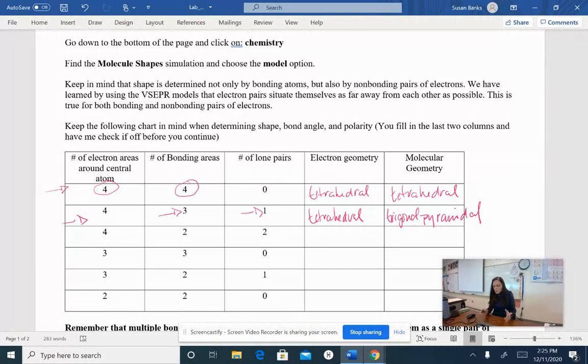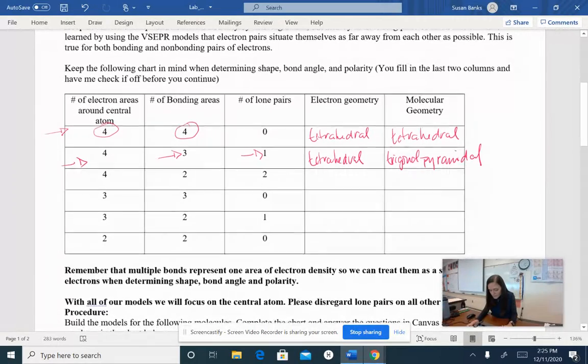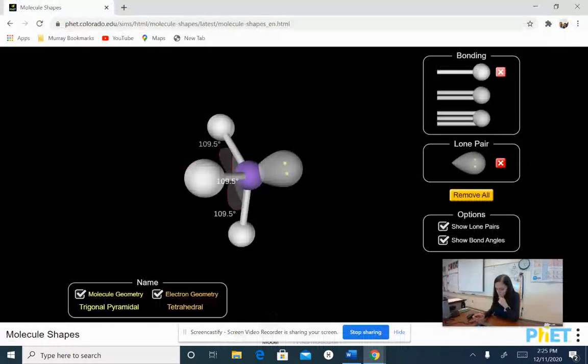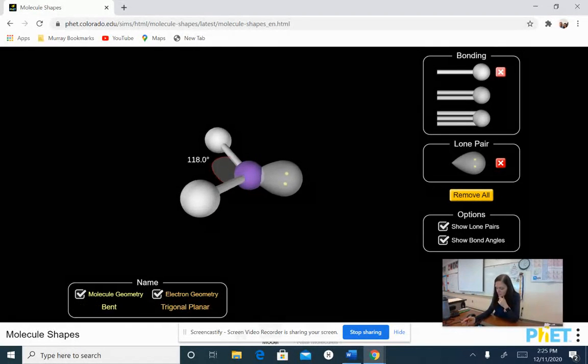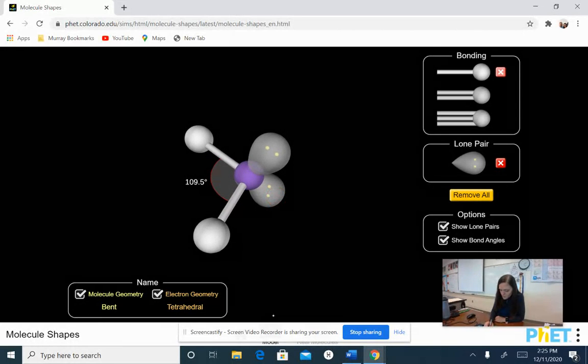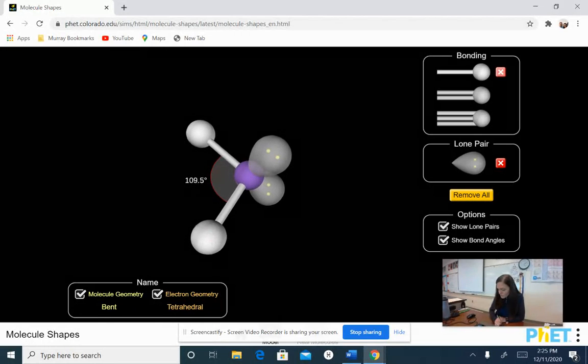Okay, so I want you to do the rest of these where you're looking at the number of electron areas, bonding areas, and non-bonding areas. Let's do the next one really quick. So number of bonding areas is 2 and number of lone pairs is 2. So I have 4 total areas of electrons. So let's do that. I'm going to take away one of these single bonds. I'm going to put in another lone pair. So I have 2 lone pairs right here and 2 bonds.